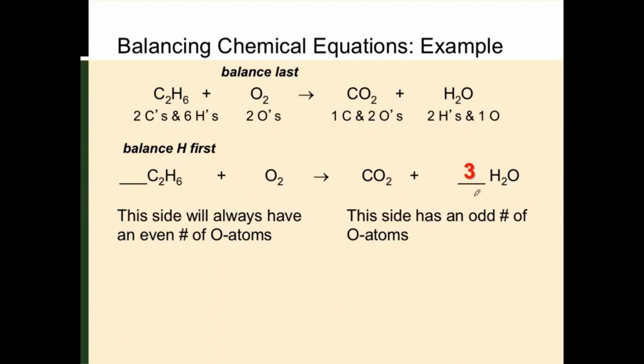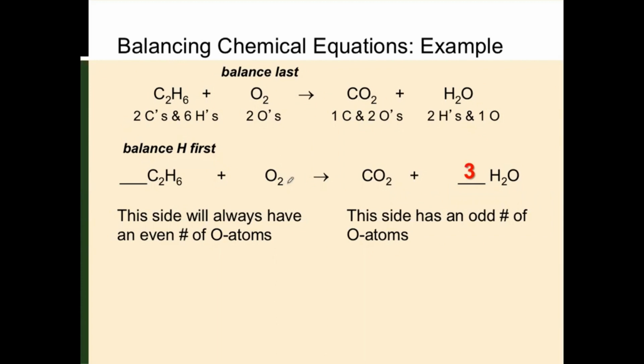If we look closely at our reaction, we have an even number of oxygens on our reactant side always, because the only source of oxygen is from our oxygen molecules, and those are always O2. So we can only increase in multiples of 2. We can go 2, 4, 6, 8.